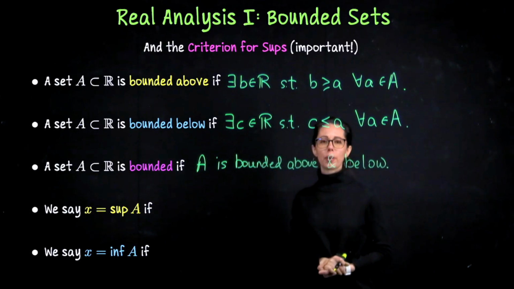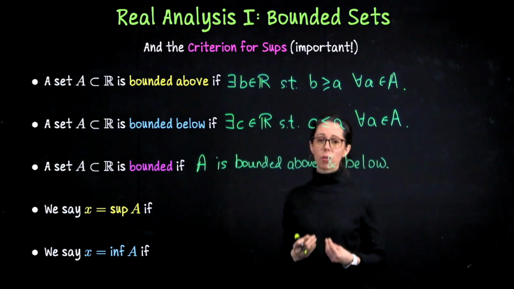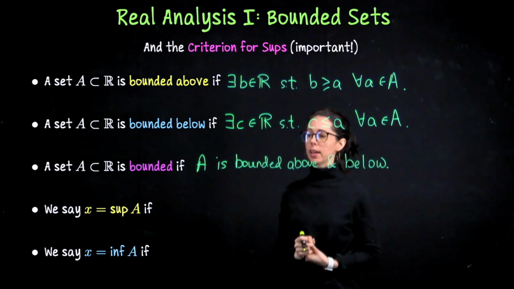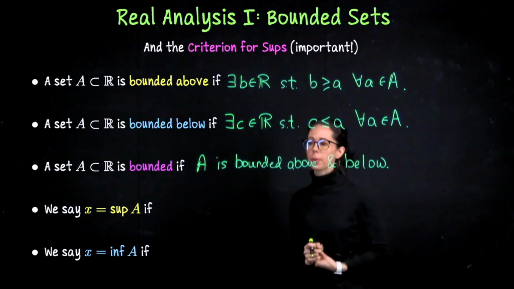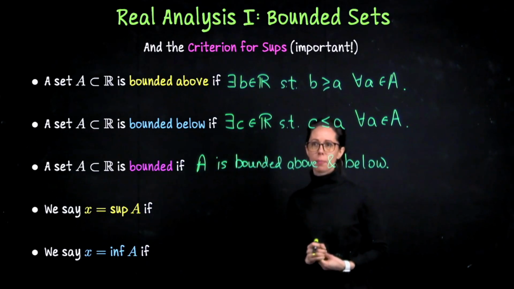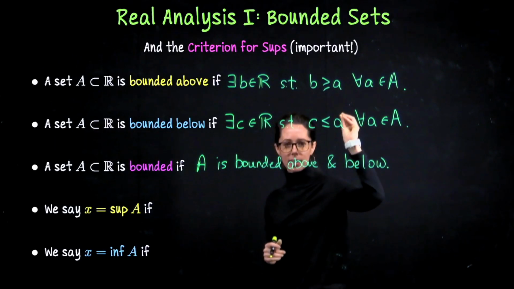Then one concept we've seen, in fact, it forms the basis of one of our foundational axioms in our study of real analysis, is this idea of having a set supremum. We say that a real number x is the supremum of A if it's an upper bound of A and it's the least upper bound.